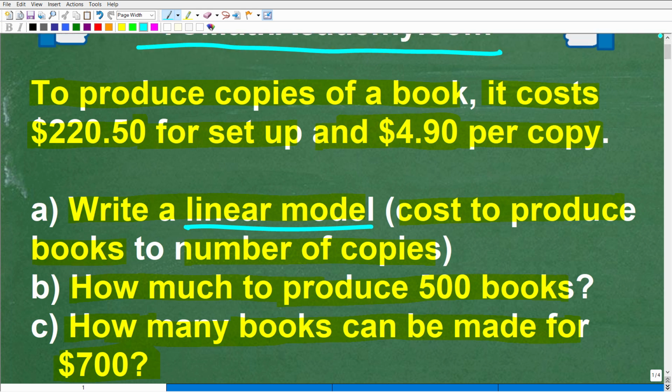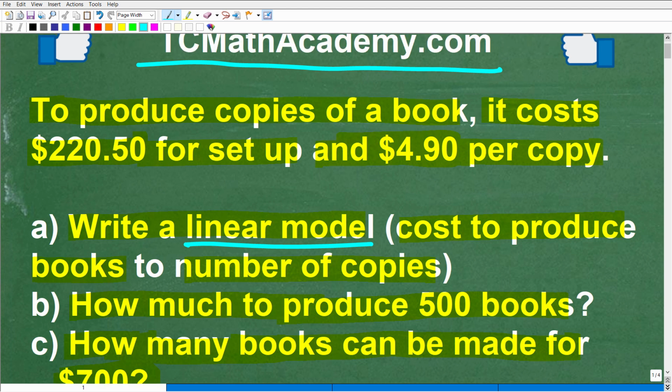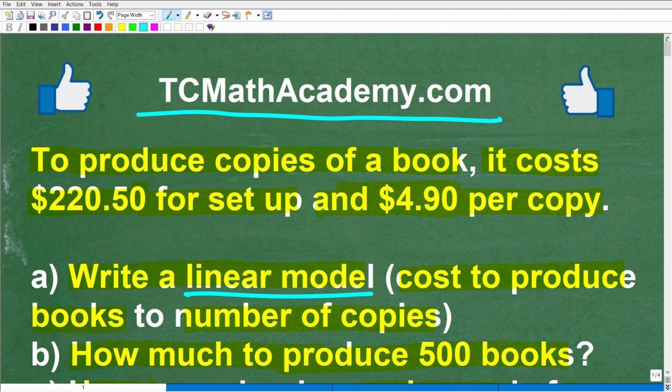If you want to pause the video and look at this problem and study it for a bit, it'll probably take you a minute or two to actually answer all three parts of this question. But if you could do this, go ahead and put your answers into the comment section. I'm going to show you the correct answers in just a second. And then we're going to go through the steps to solve this particular problem. And hopefully this is not going to be too difficult. But again, if you're at the Algebra 1 level or beyond, this is something that you should be able to handle.